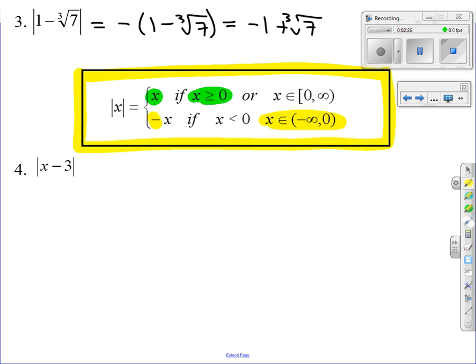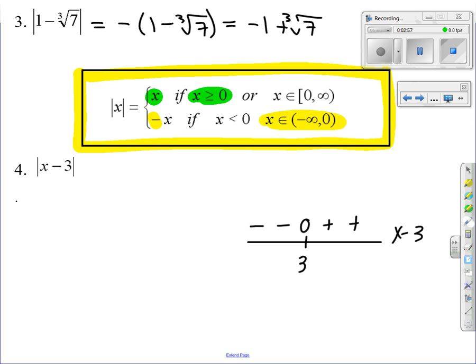So when we look at a variable situation such as x minus 3, I'll just draw over here. Sorry, I have to erase that. We talk about x minus 3, well, that's 0 at 3. Above 3, it would be positive. Below, negative. So there's two scenarios here.